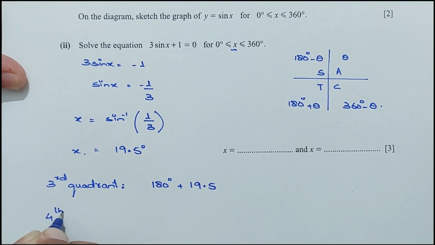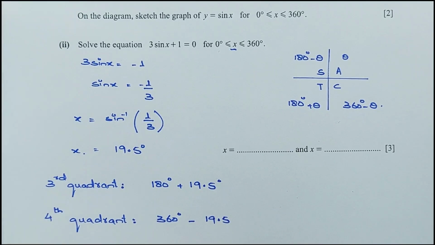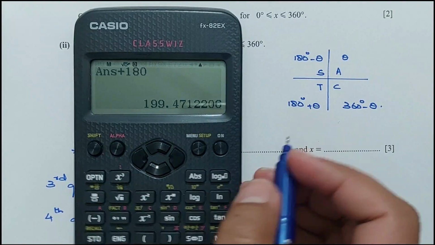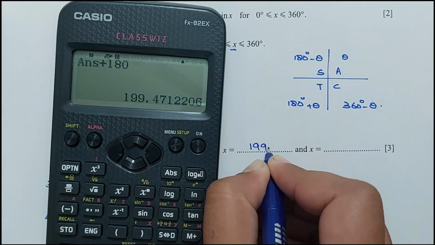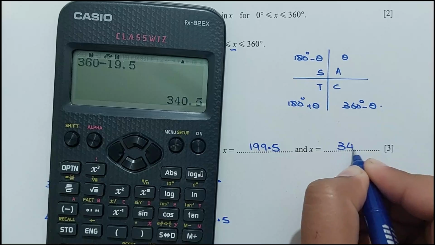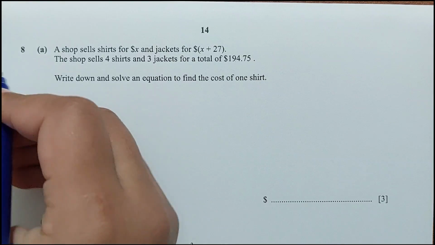Sine is also negative in the fourth quadrant, so from 360 we take away 19.5, which gives 340.5 degrees.